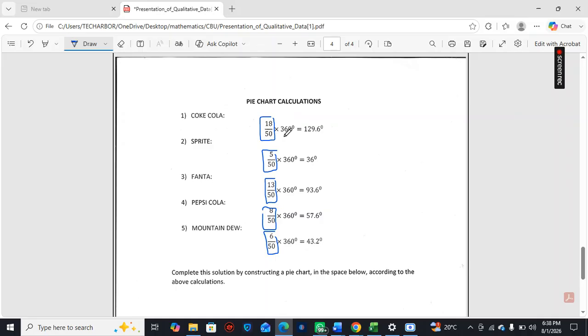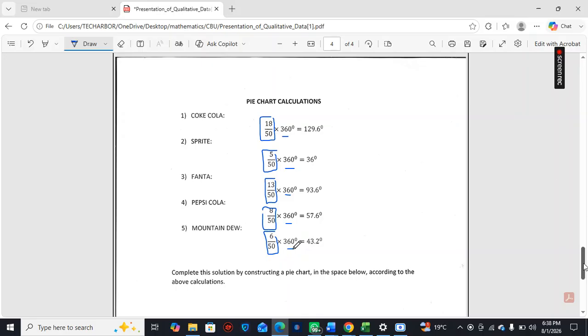So you're going to have to convert each of these relative frequencies into degrees by multiplying by 360. Then it will give you the relative degrees.